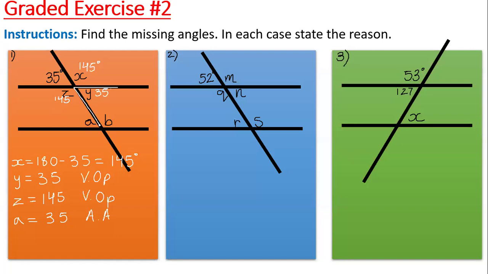It forms an S or a Z shape. Very good. And then B is equal to 145 because alternate angles are equal. B is equal to 145. Why? Because alternate angles are equal.